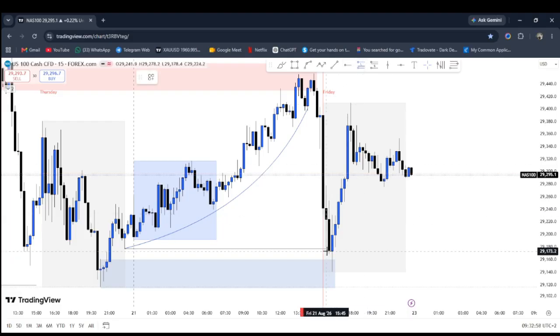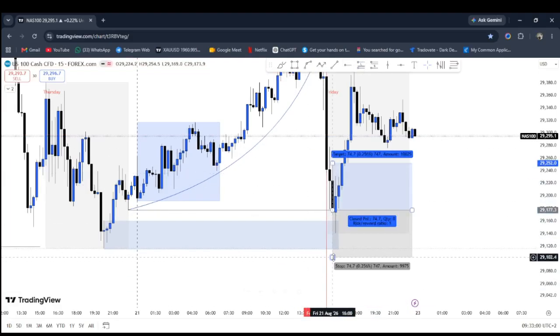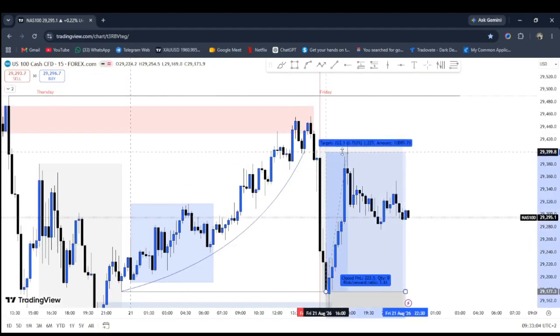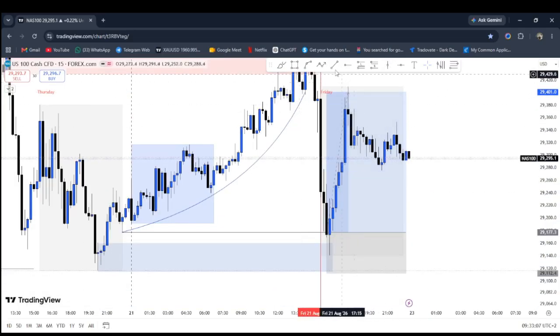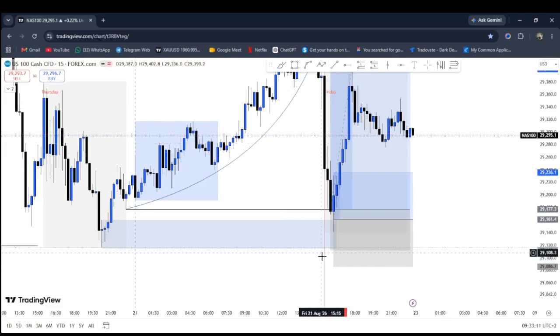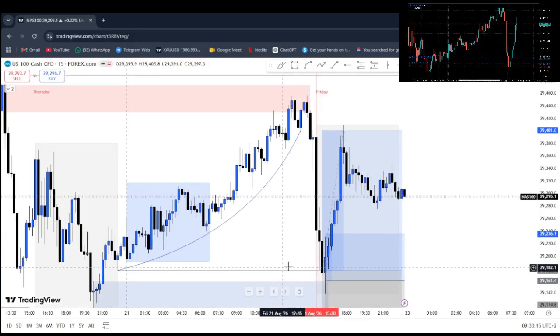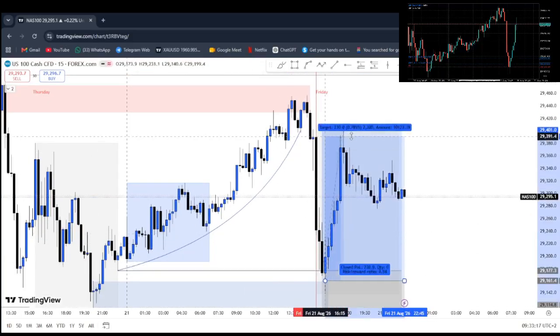So the first entry was just at this inducement low, and I was targeting this point here, and my second entry was at the liquidity block down here, stop loss below the liquidity block, and I targeted these highs.